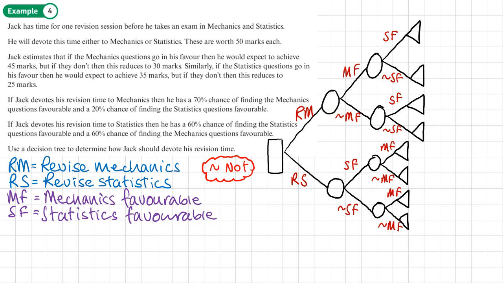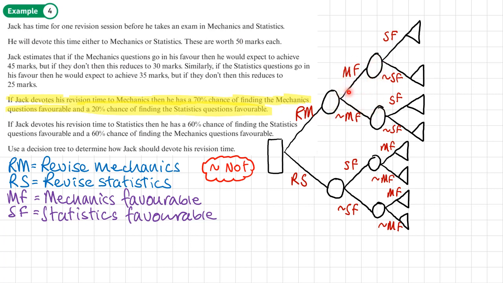So let's start by looking at this first statement here, and it says if Jack devotes his revision time to mechanics, then he has a 70% chance of finding the mechanics questions favourable and a 20% chance of finding the statistics questions favourable. That's if he devotes his time to mechanics. So that's going to be these branches up here.